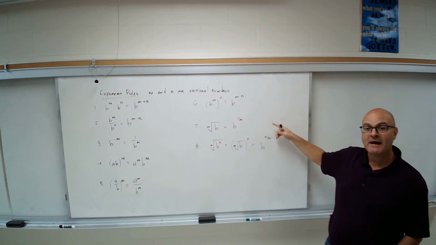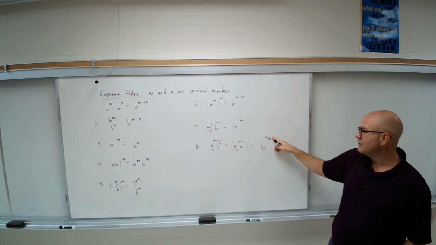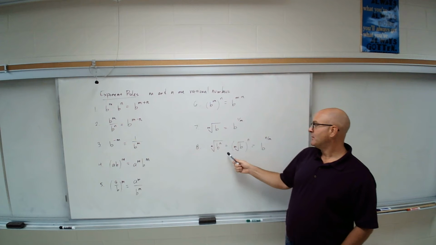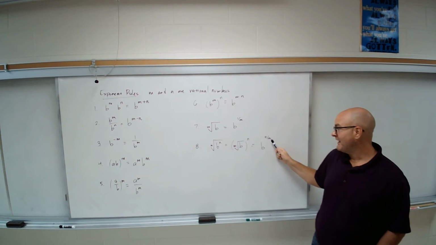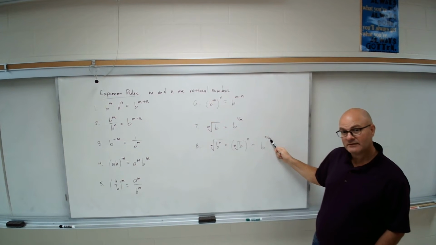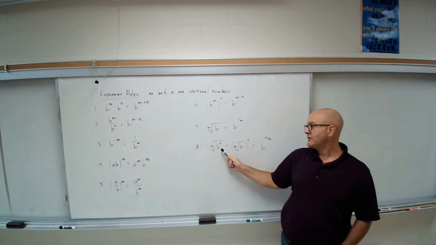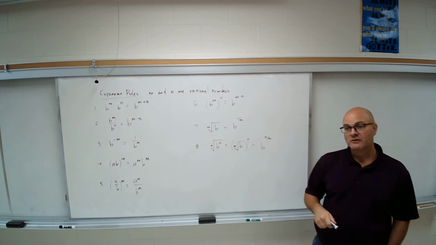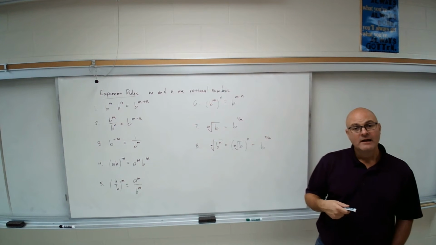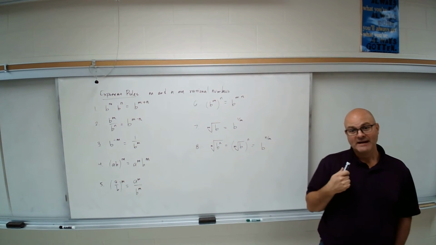Maybe it's a 2/3 power or a 4/5 power, as long as it's reduced. It's the same as doing the nth power of the base, that's from the numerator, and then the mth root of the number. This shows you can do the power first, then the root, or the root first, then the power. In general, if you're able to do the root first, you want to. It makes it a lot easier.